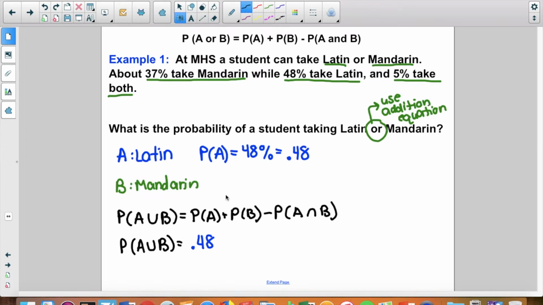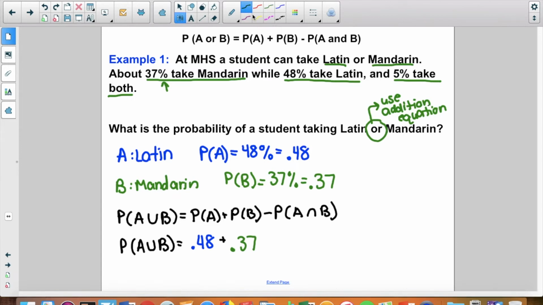Now we have to find the probability of B. So the probability of B is the probability that they take Mandarin, which is 37%. We're just going to change it to a decimal, which is 0.37.